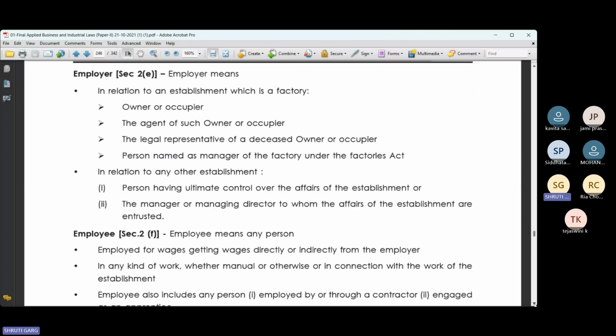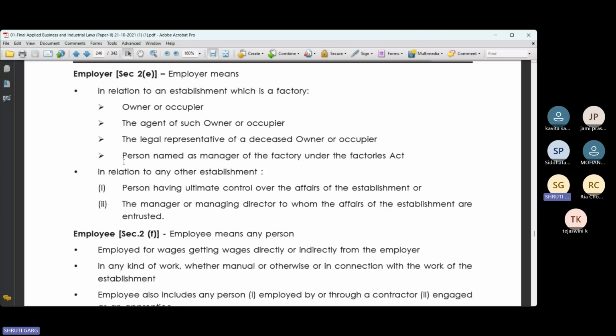Now the employer. Who is the employer? In relation to an establishment which is a factory, the owner or occupier, agent of such owner or occupier, legal representative of a deceased owner or occupier, or a person named as manager of the factory under the Factories Act will be treated as employer.